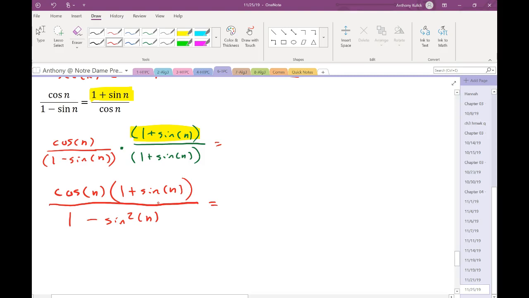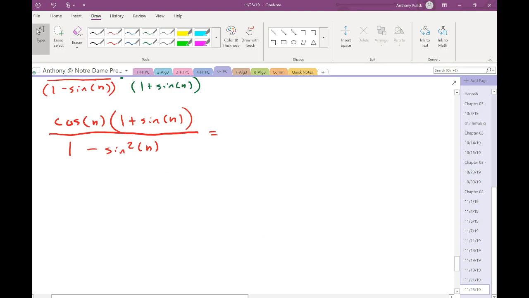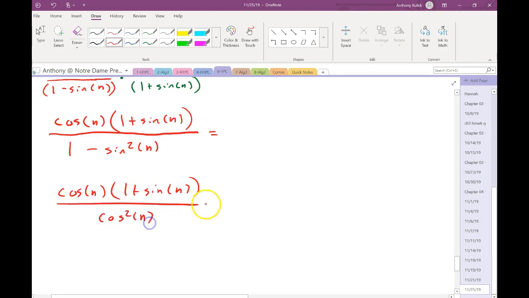Everybody okay to hear? Look at the 1 minus sine squared n. Do you recognize that? What does that turn into? Cosine squared. Good. Everybody good with that?